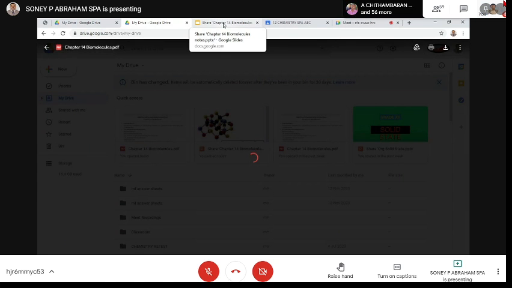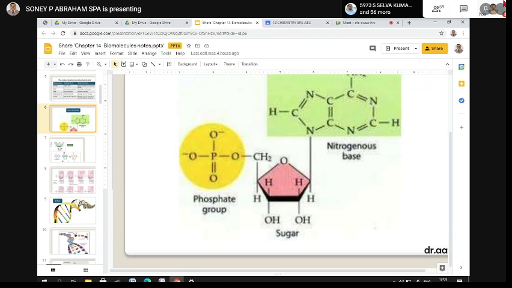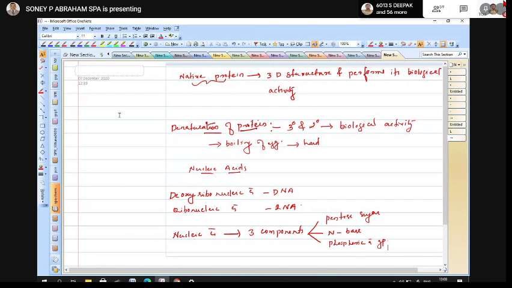When you are talking about the sugar present in DNA or RNA, DNA will have deoxyribose sugar, whereas RNA will have ribose sugar. These sugars are nothing but pentoses, 5-carbon sugars. We'll draw the structure of both ribose and deoxyribose.